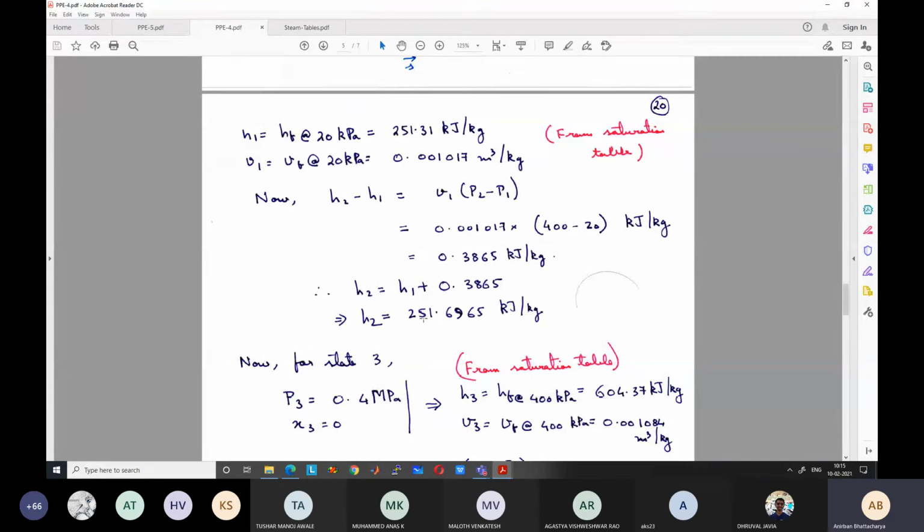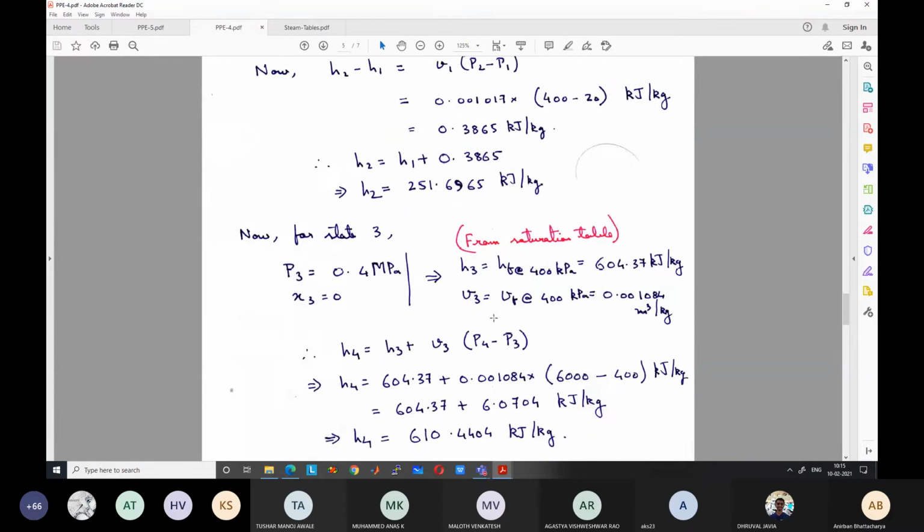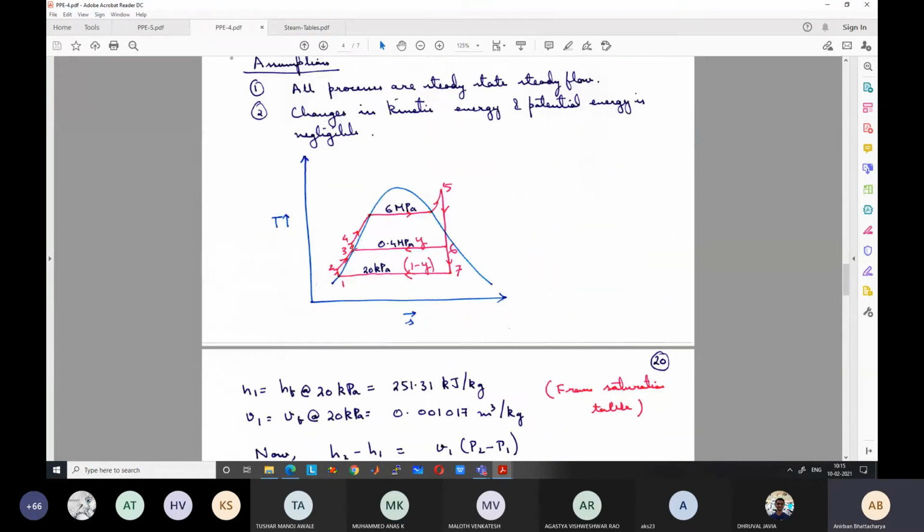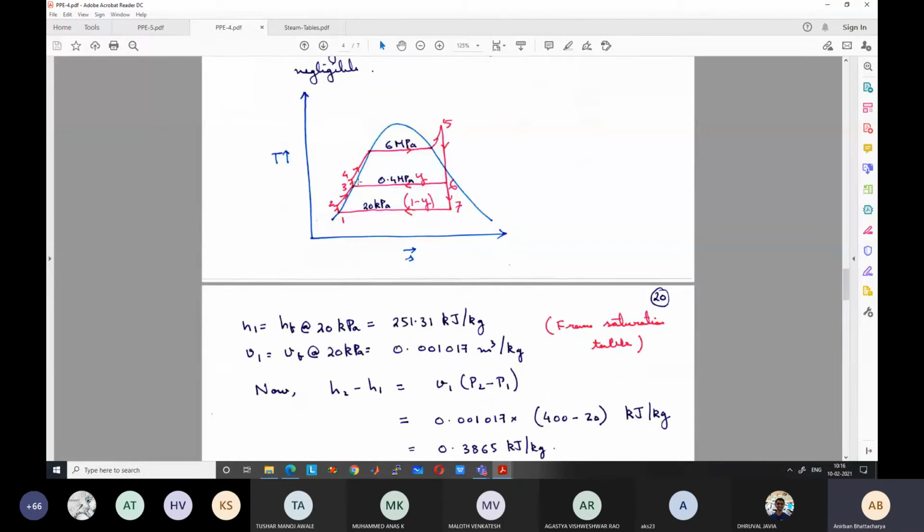So now we have to find state 3. Again, two parameters are needed for state 3. Pressure is known, given 400 kilopascal, and quality is also given to us. Quality is 0. It is stated that this point is a saturated liquid. So 400 kilopascal and 0 quality means we have to find Hf at 400 kilopascal.